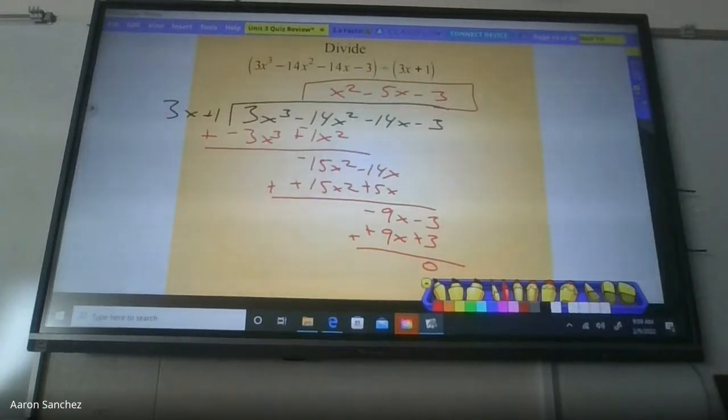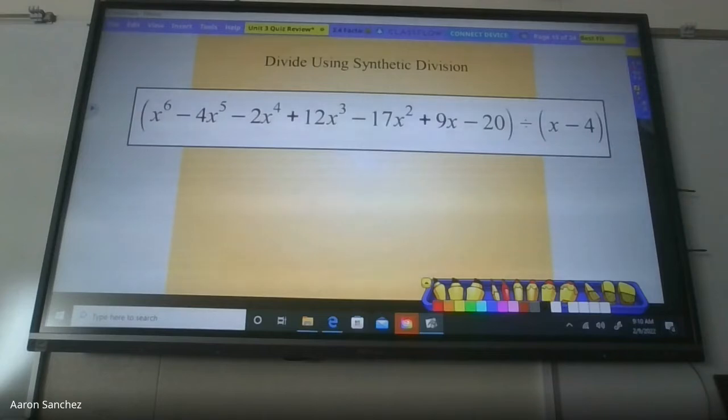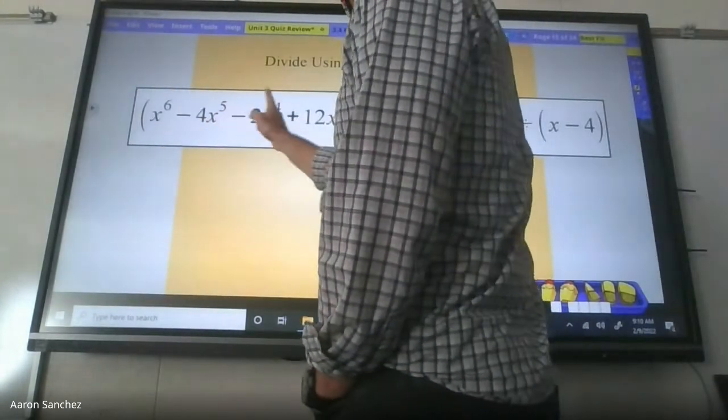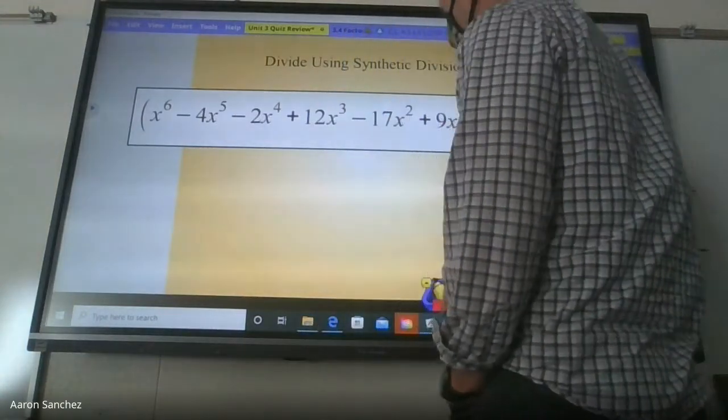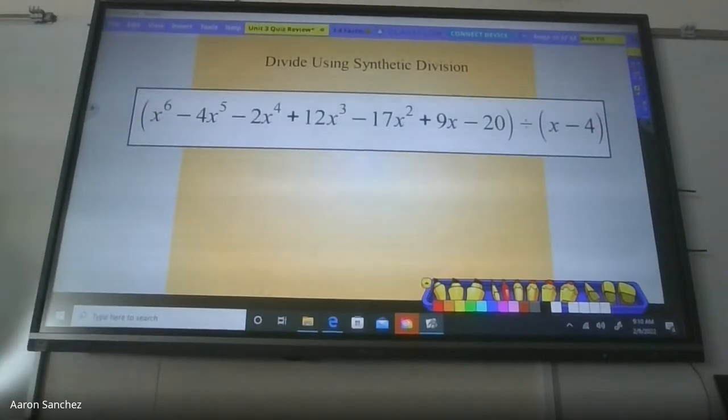Right on. Guess what the next one's going to be? You're not going to believe it. Is this good or bad? I don't know. Synthetic division? Is that bad? It's actually easier, I think. Make sure everything's in order. 6, 5, 4, 3, 2, 1, 0. Looks good. Synthetic division is easier, but if you weren't here yesterday during class, it seems really hard.